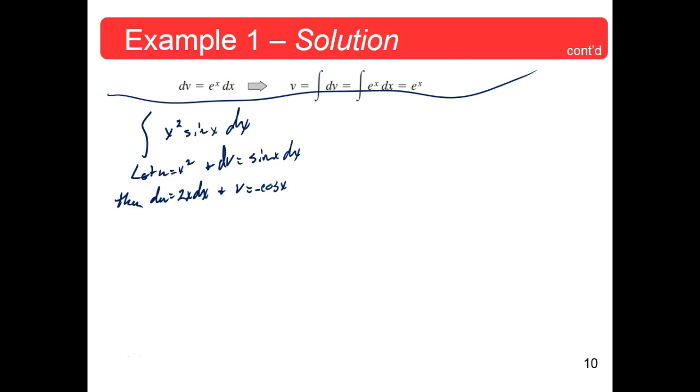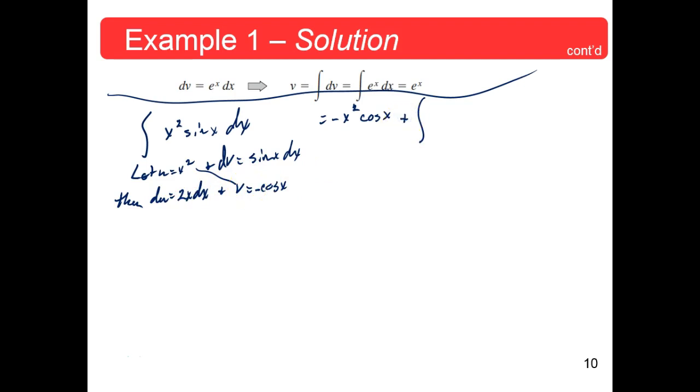Notice this is back to being an indefinite integral. X squared times negative cosine x. Okay, so I'll put the minus here, cosine x. Now I'm going to put a minus the integral of the bottom line here, but that has a minus in it, so that's going to make that a plus, isn't it?